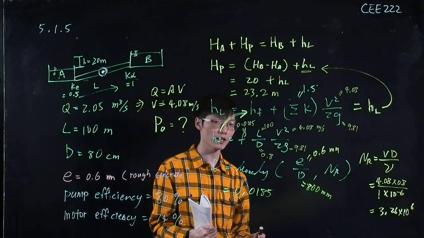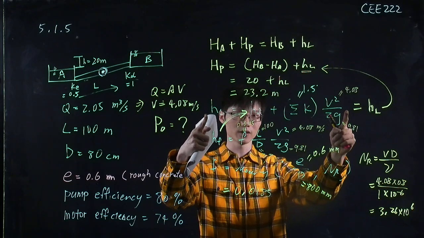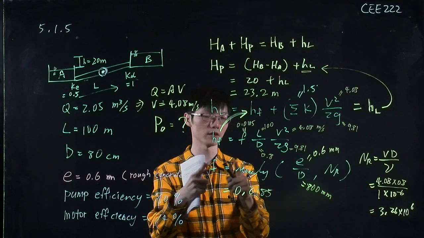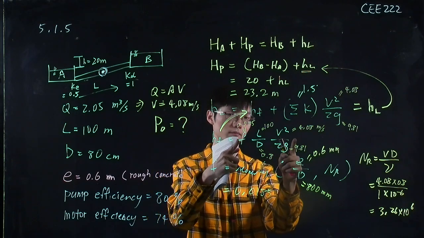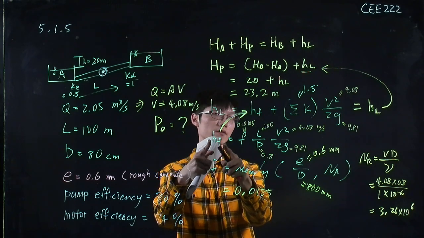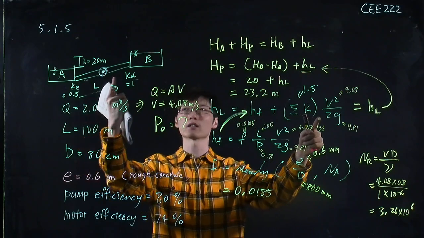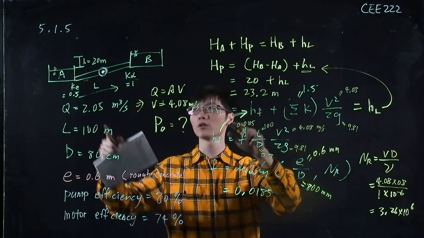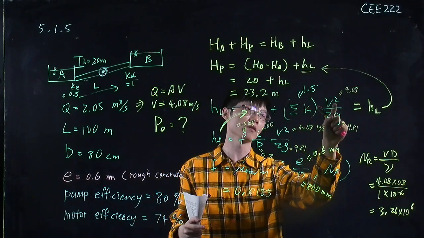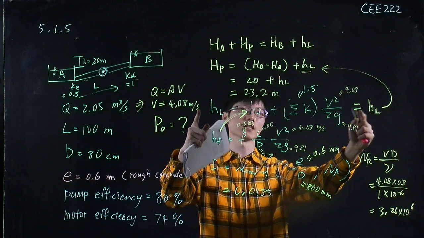So let me say it again. This is how you calculate the head loss. For the friction head loss part, you use the Moody diagram to find this factor F and plug it in this equation. Then you can solve the value for HF. For the minor head loss, we consider the entrance and the exit, so these two K sum up to 1.5, and you know the velocity from the flow rate, then you can calculate the total head loss from this equation.